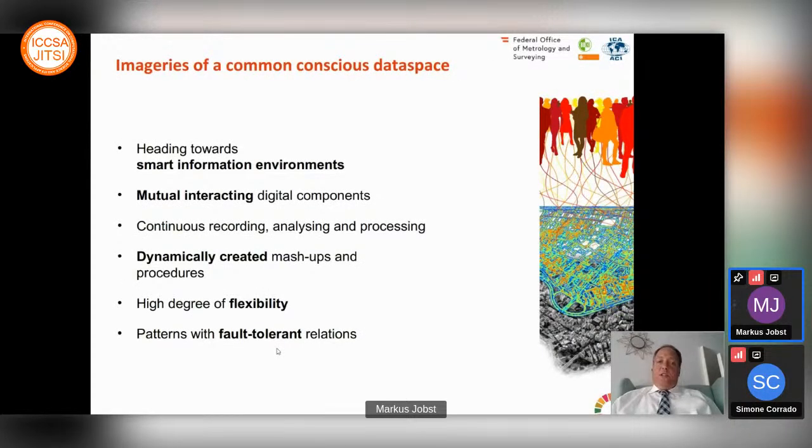So the conscious data space is extending a smart environment. It also means that it is using the characteristics of the smart environment. So we are speaking of a smart information environment, in fact, where all the digital components are mutually interactive. There's a continuous recording, analyzing, processing of this information in this data lake or data space.